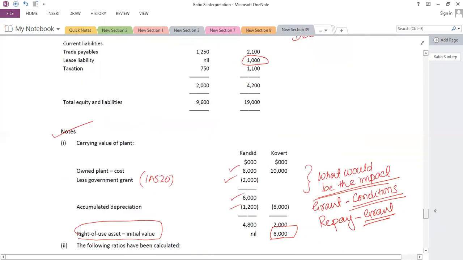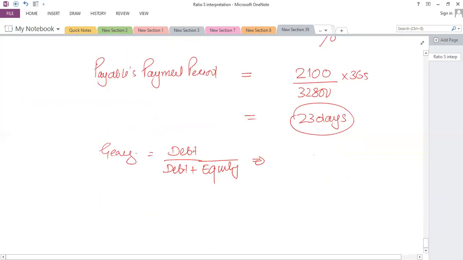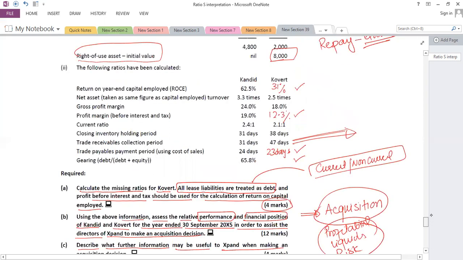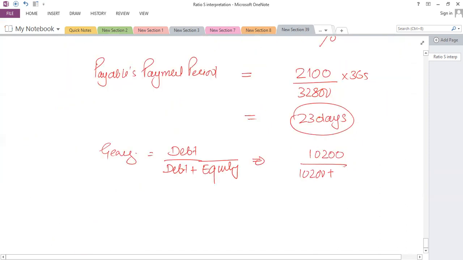So long-term debt is 4,200 loan, lease 5,000 and 1,000. So it's 9,200 and 1,000. It's 10,200. And my equity position is 5,600.